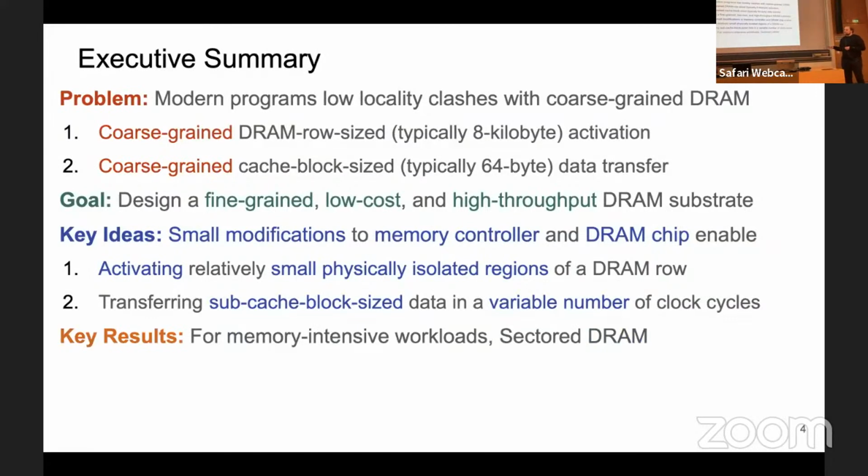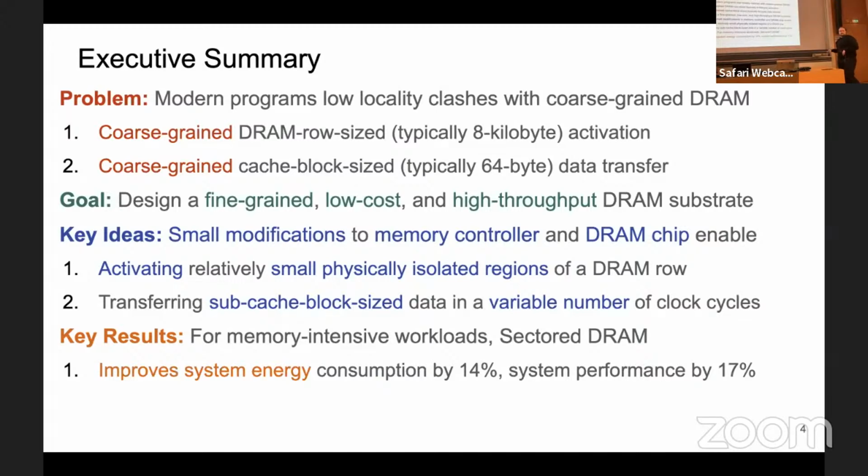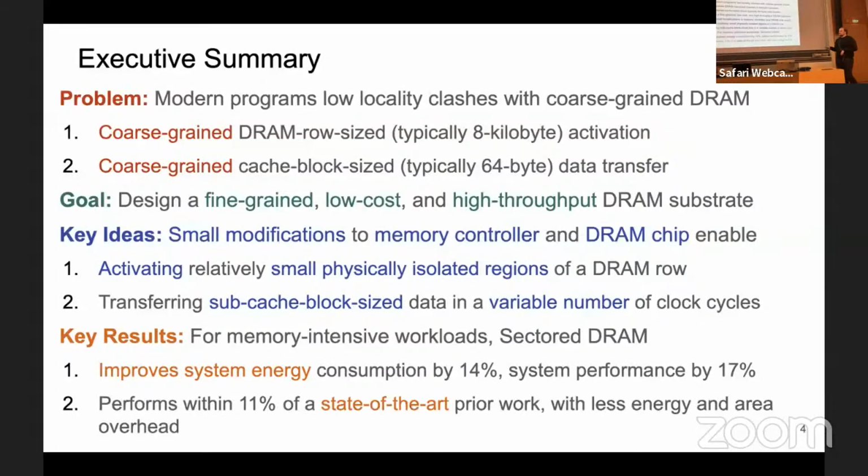The key results achieved by the paper are that for memory-intensive workloads, Sector DRAM improves the energy consumption of a system and improves the system performance, and does so with very small energy and area overhead. And there are some other approaches that have a higher performance increase, but they use significantly more energy or area.